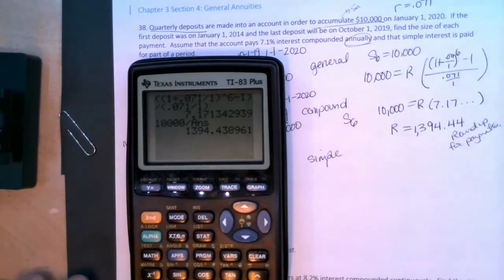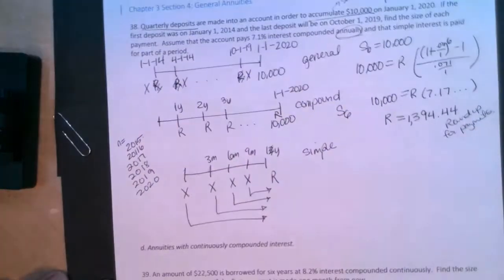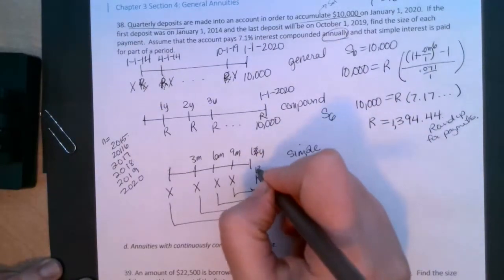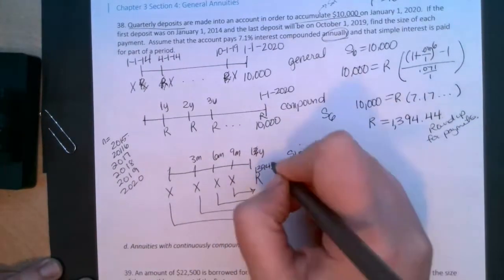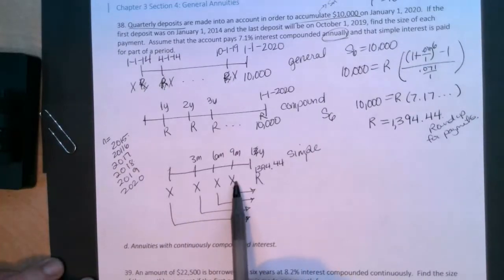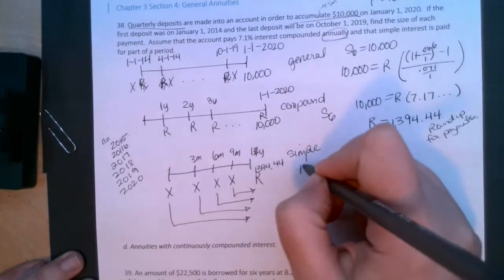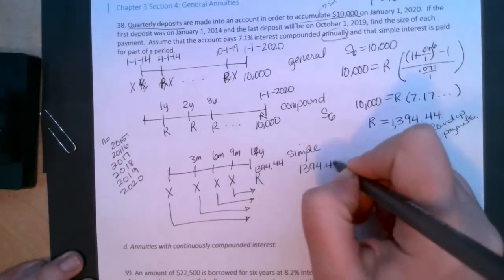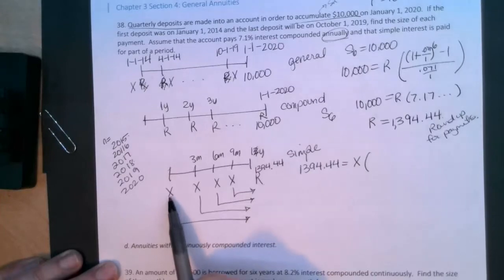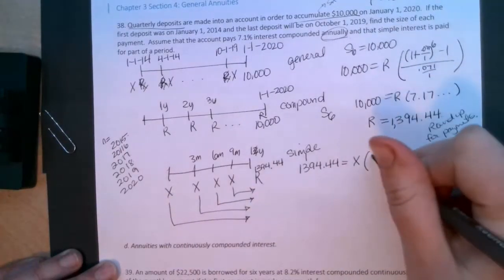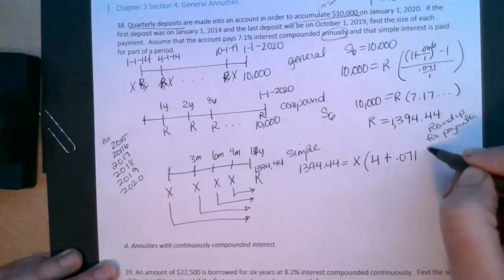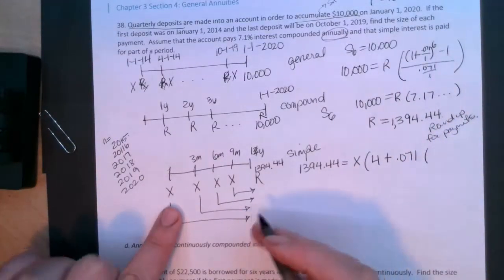So now we have to look back over here at our piece, and we're going to take this number, 1394.44, and we have to figure out what each of these are. So 1394.44 is equal to X times 4 payments, 1, 2, 3, 4, so it's going to be 4, plus our interest rate isn't going to change, 0.071, multiplied by the months moved.